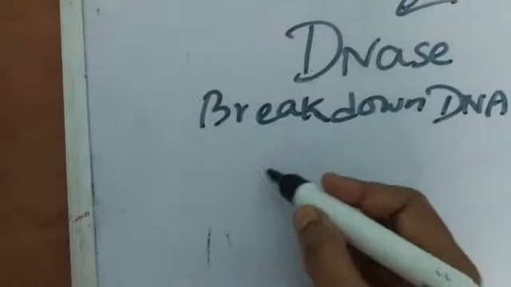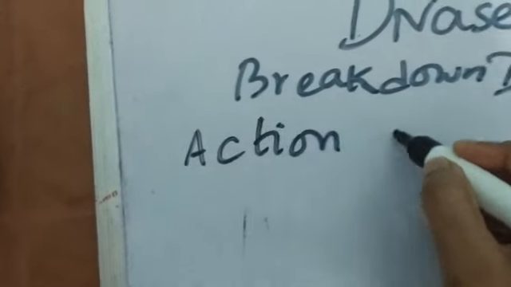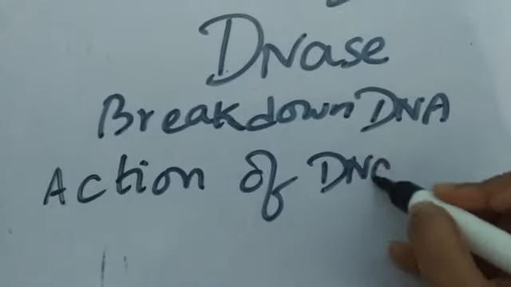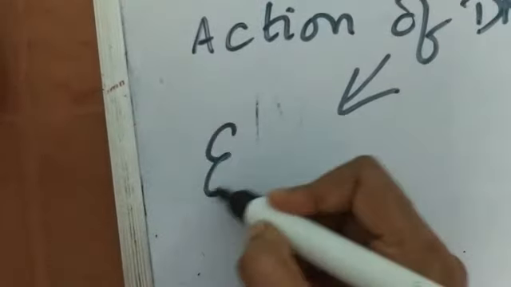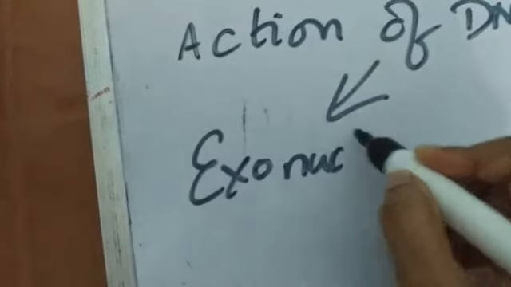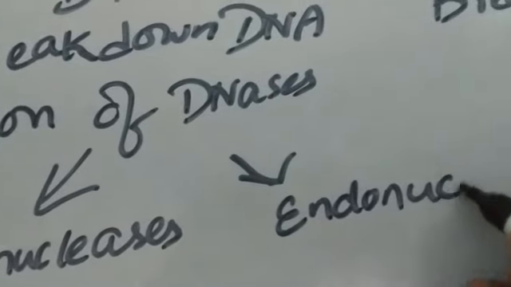Now, DNases, once again, depending on their action, we can classify them into exonucleases and endonucleases.